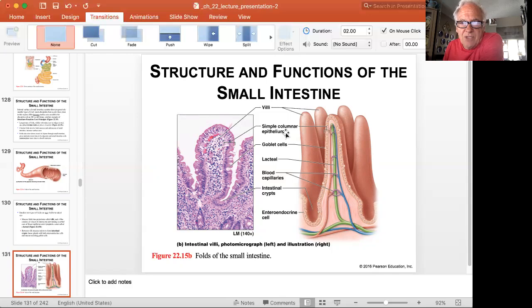Now this is a simple columnar epithelium in the small intestine. They have goblet cells for producing mucus. The lacteals are for absorption of fats. The capillaries are for absorption of other organic products.